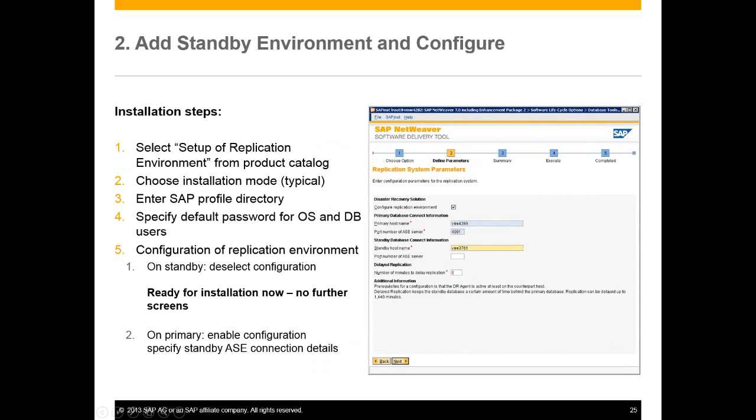On slide number 25, you can add a standby environment, and once you add it, it does the configuration automatically. So it's very easy. You don't have to do a lot of manual work. All you need to do is pick that screen and fill in the information it asks for. It does the configuration and installation for you automatically.